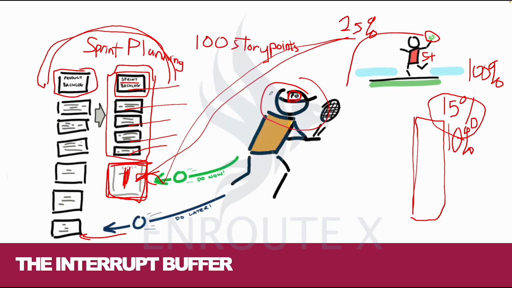There is need for us to understand what the capacity allocation is, which is what I've just explained. Instead of allocating the entire 100% to the team, they would reserve some percentage to work to accommodate the interruptions.